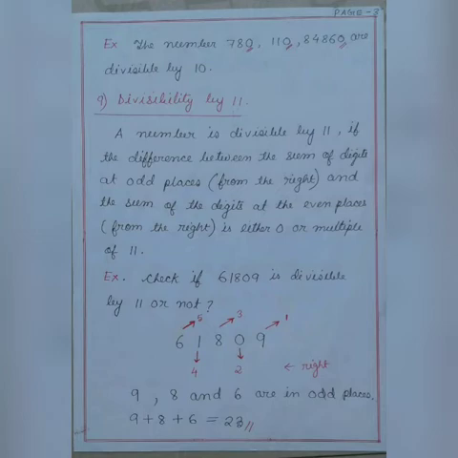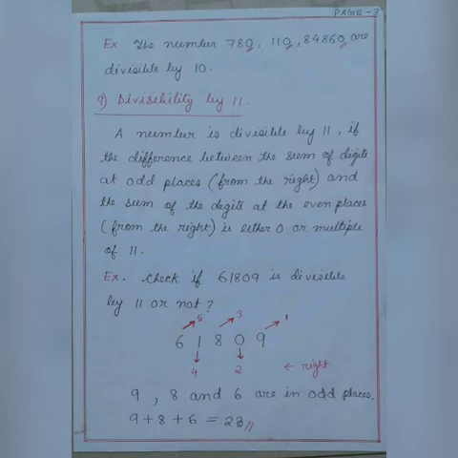Now from 23 we have to subtract 1. That is, the sum of the digits of odd positions minus the sum of the digits of even positions. We get 22. What is 22? 2 into 11.